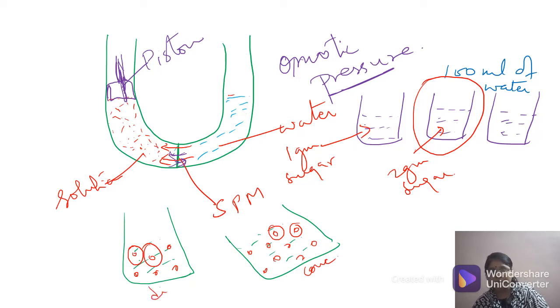This is dilute. And I can have a solution whose concentration is the same as well. Now what do we call these solutions? We use the word tonicity.